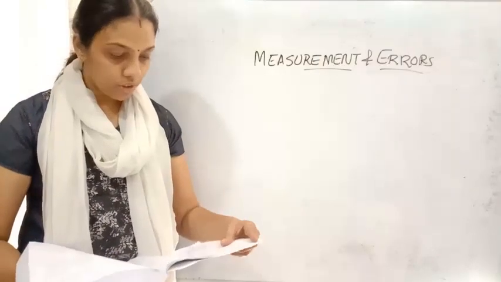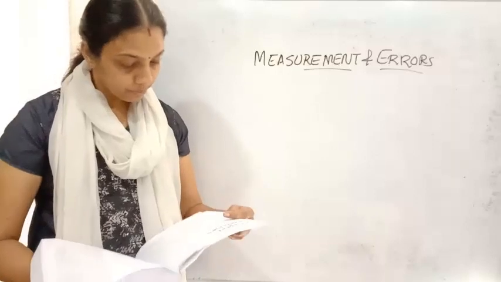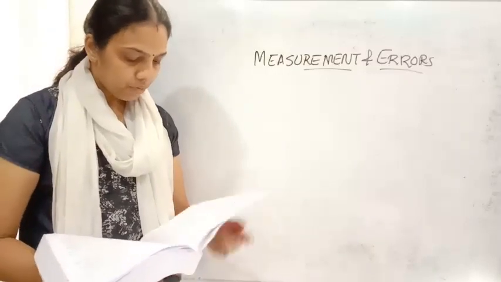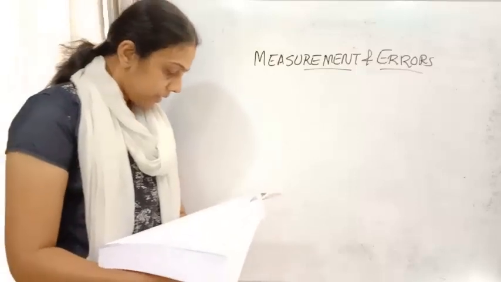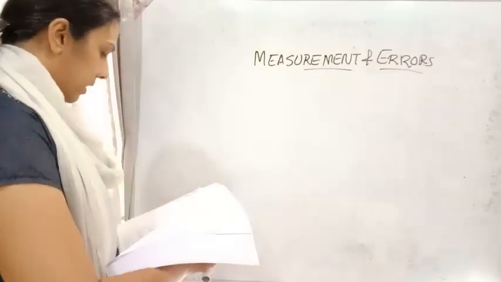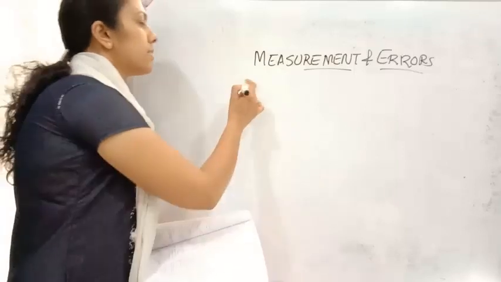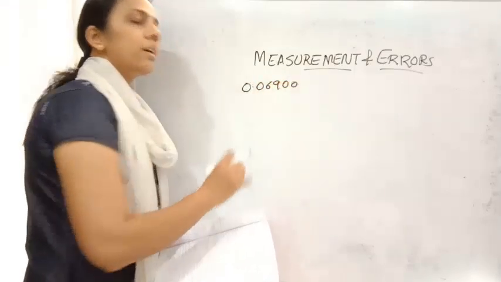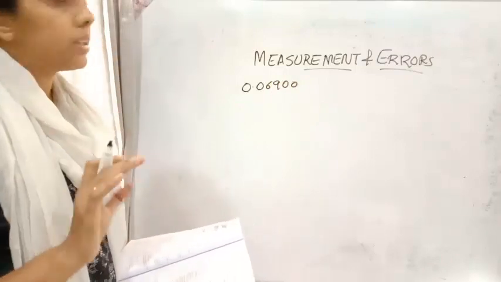The first question we are discussing today is: the number of significant figures in 0.06900. Here, how many significant figures are there?